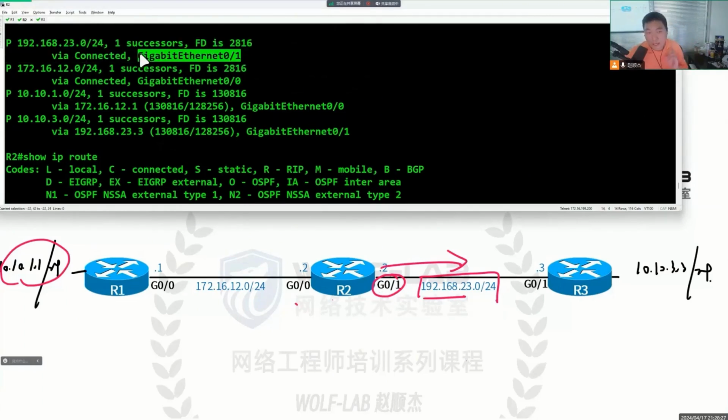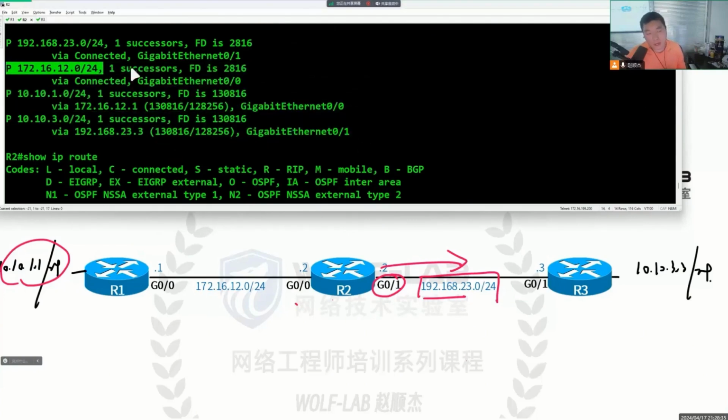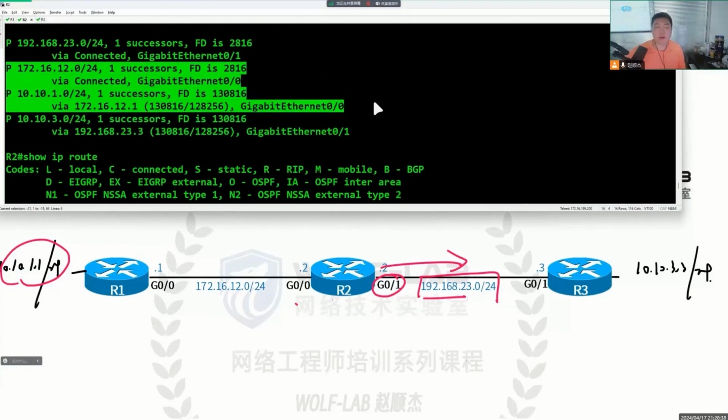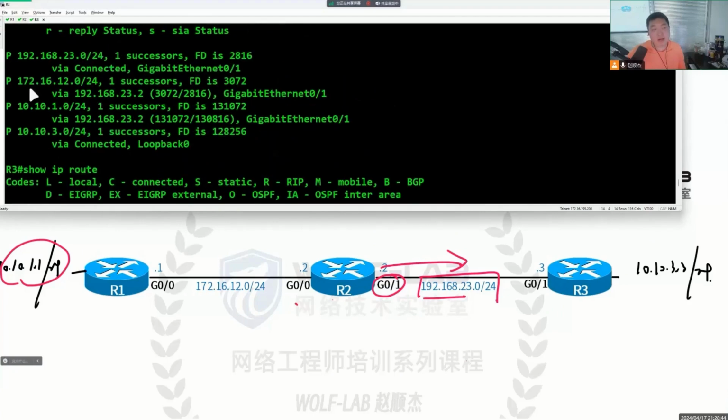Dear students, what needs to be noted is, you see, R2 will not announce its 0/1 interface's direct route, 192.168.23.0, to its neighbor. It will not forward my interface's direct route from my interface. But what will I announce?